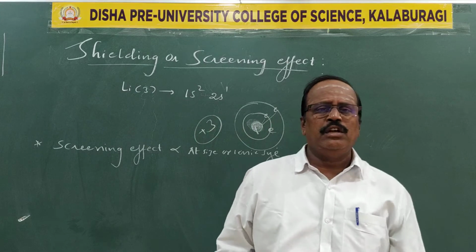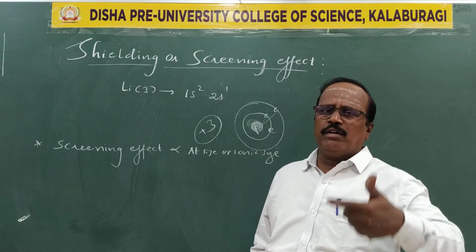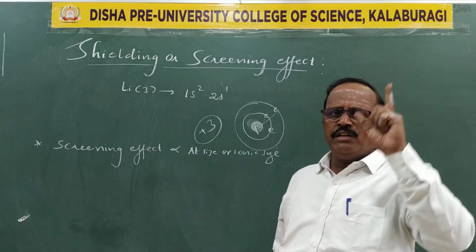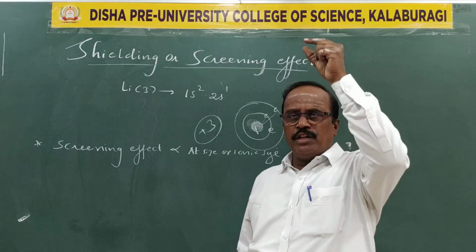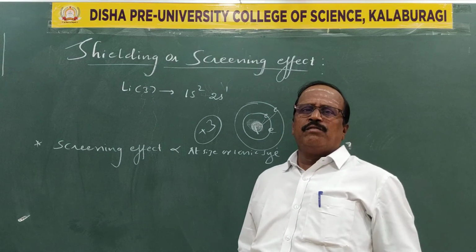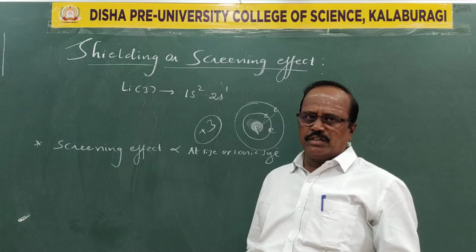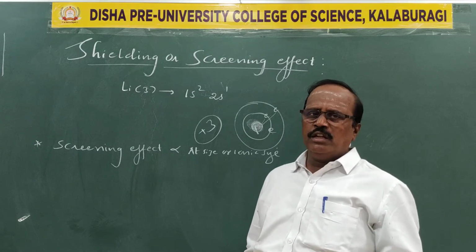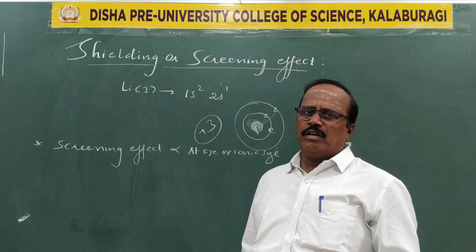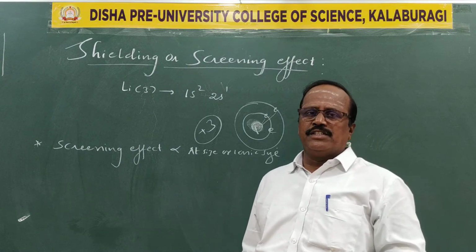And one more thing, how does it vary down the group and along the period? In any vertical column, going from top to bottom, with increase in atomic number, with increase in atomic size, the shielding effect goes on increasing. And as shielding effect increases, ionization energy decreases.